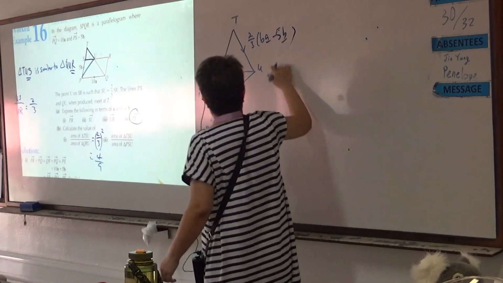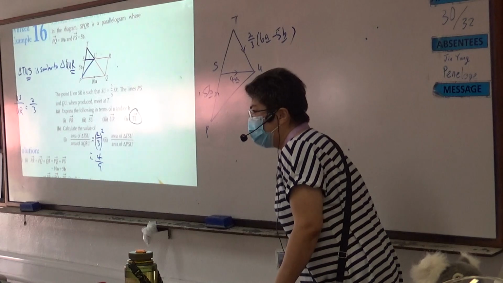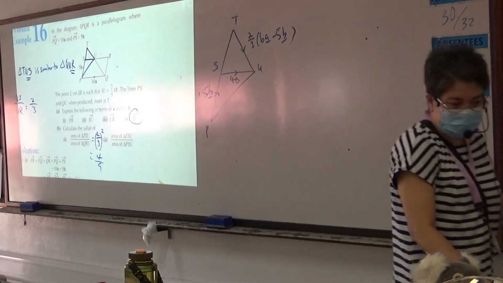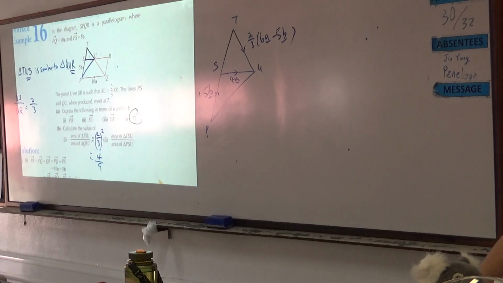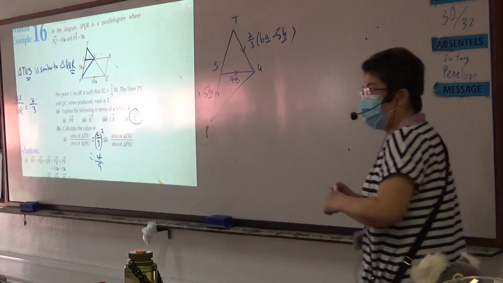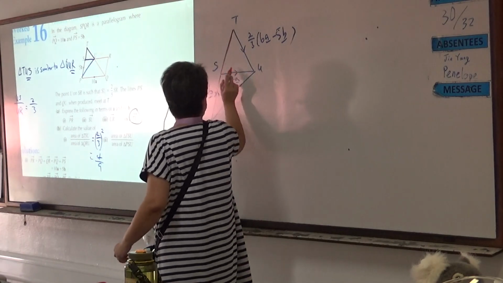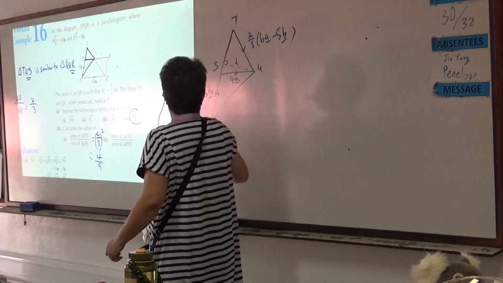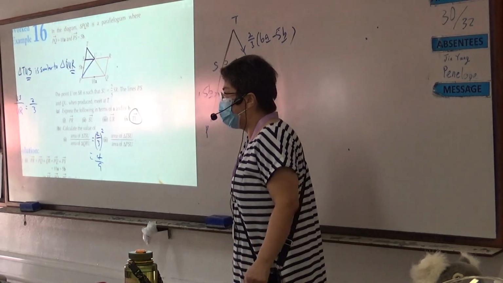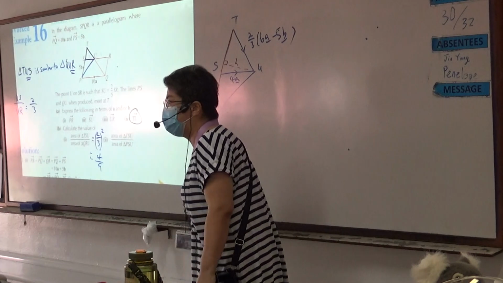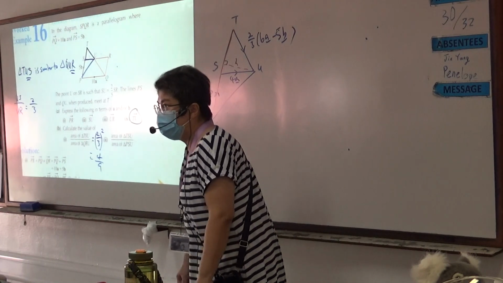Yes. Everybody okay? Okay. Now, do you agree that these two triangles actually share the same height? This is the base. This is the base. You see, this is the height. Correct. That means I just take TS over SP, if I can find the length. Everybody clear with what I'm saying?